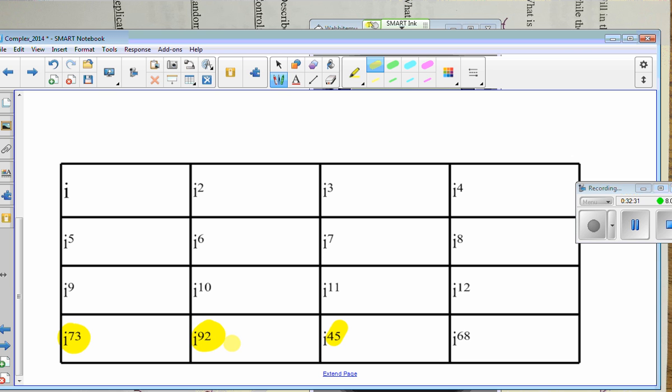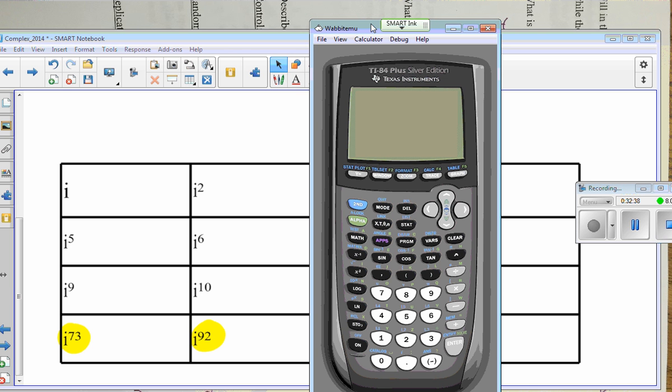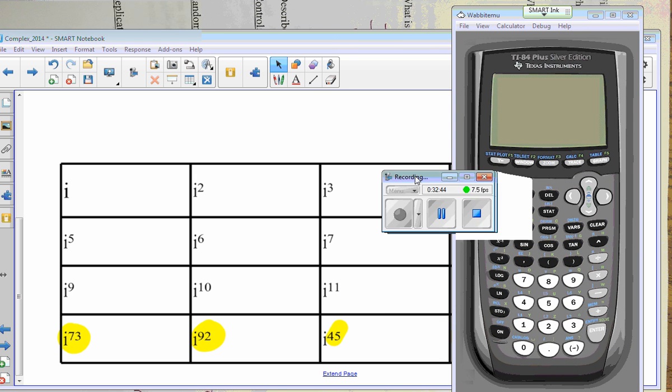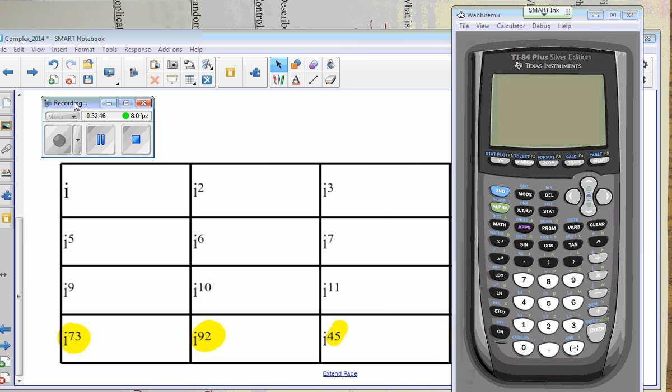If you tried to plug the ones on the bottom into your calculator right now to simplify them, you're going to get some weird answers. Let's try it to see what I'm talking about. How do I raise something to a power again on the calculator, do you remember? A little caret button.